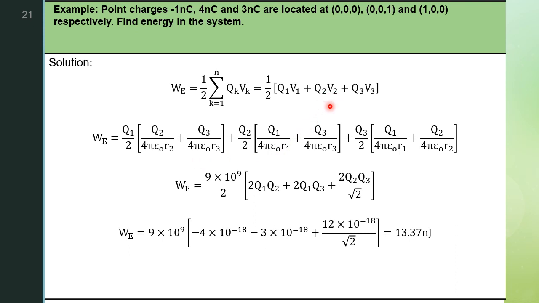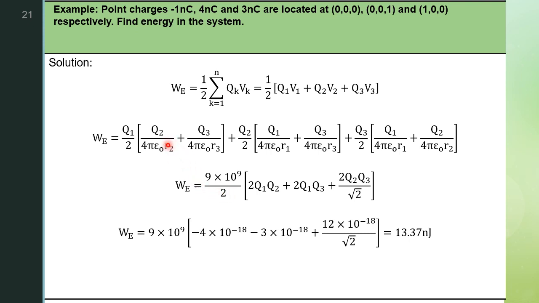Similarly, V2 is the total potential at 2 due to Q1 and Q3, so it is Q1 by 4 pi epsilon R1 plus Q3 by 4 pi epsilon R3. V3 is the total potential at 3 due to charges Q1 and Q2, so it is Q1 by 4 pi epsilon R1 plus Q2 by 4 pi epsilon R2. In this equation, R1, R2, R3 represent the distance between 2 points.